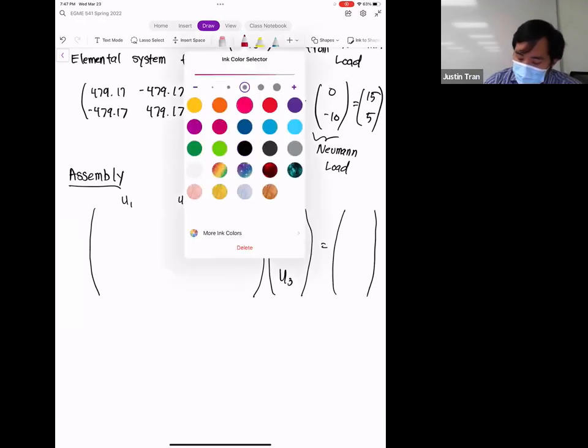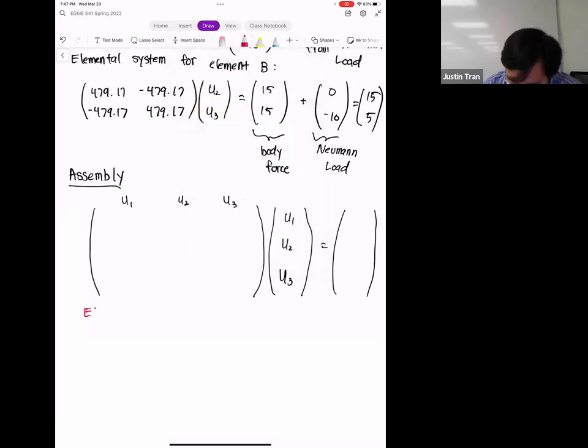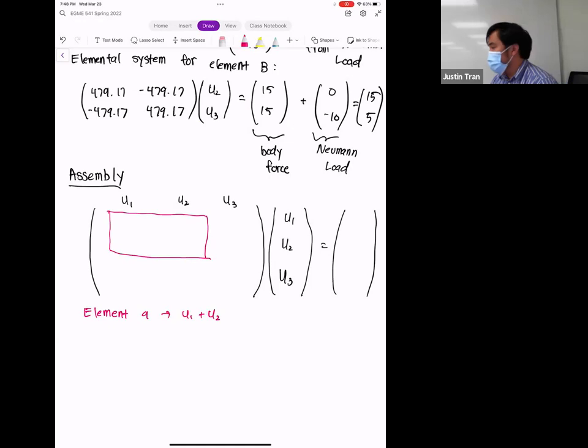All right, so let's do element 1 first, or element A. Element A is U1 and U2. So that's going to be these guys right here. In addition to that, we have to put in their forcing vectors, and their forcing vector is going to go into the right-hand side, just like that.